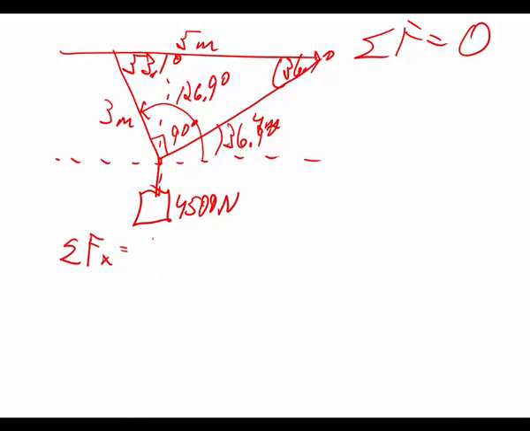Well, let's label these. Since this is the one we're looking for, we're going to label this tension 1, tension 2, and tension 3. Since we want to know what the tension is in the 3-meter cable, let's label it tension 1. You with me? You're allowed to do that. All right, now. So what do we got?